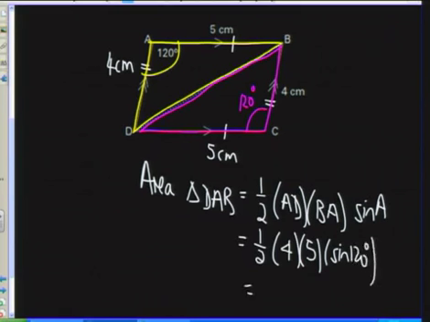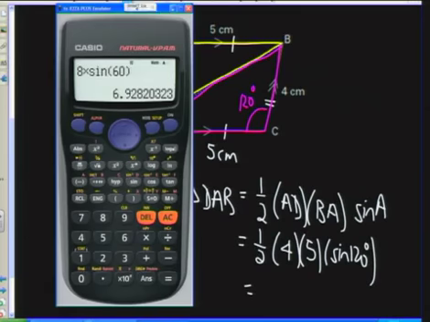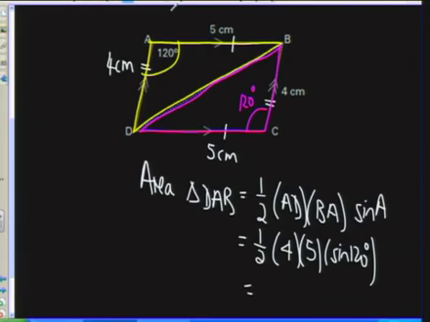Our calculator can work that out: a half of 20 is 10, so we want 10 times the sine of 120. So we get 5√3 or 8,66. Again, it's in centimeters, so the area will be 8,66 square centimeters.